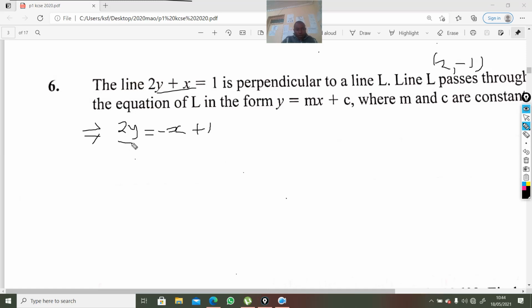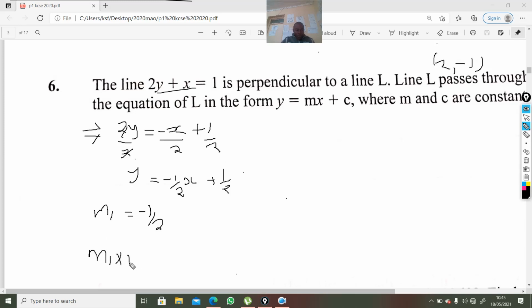We divide by 2 all through, so that y equals minus a half x plus a half. So my m1, the gradient, equals negative a half.